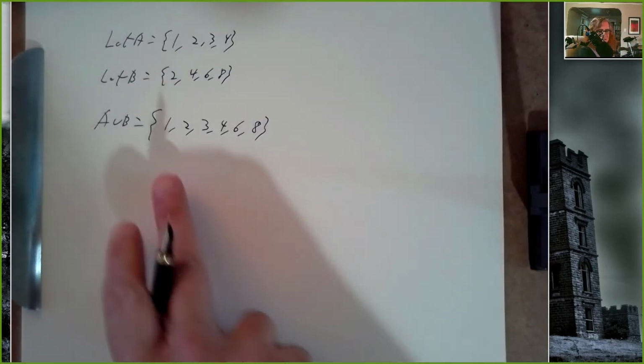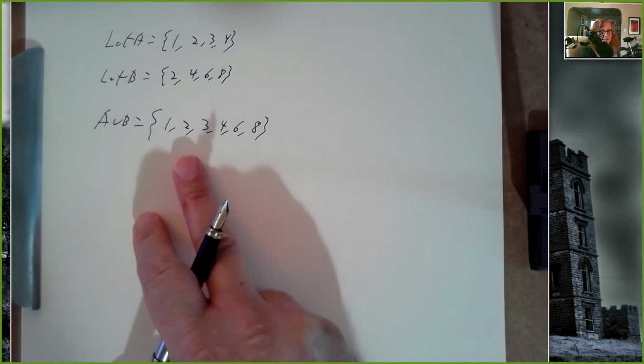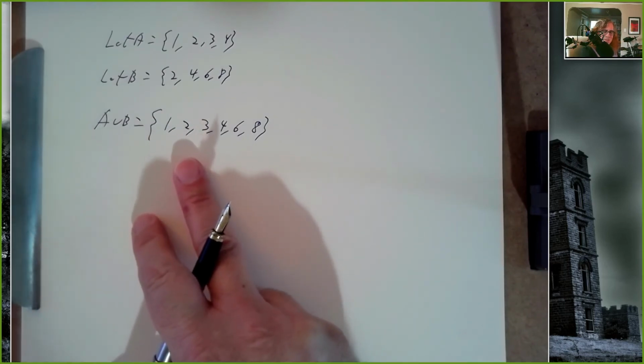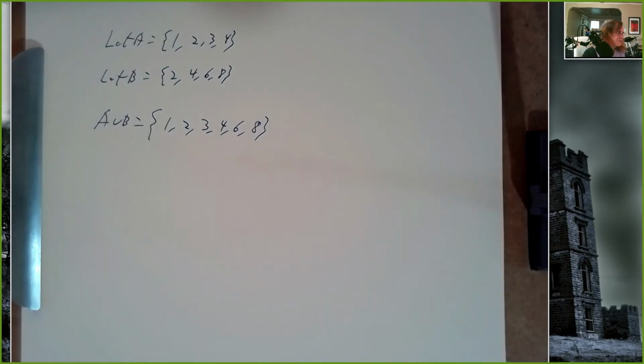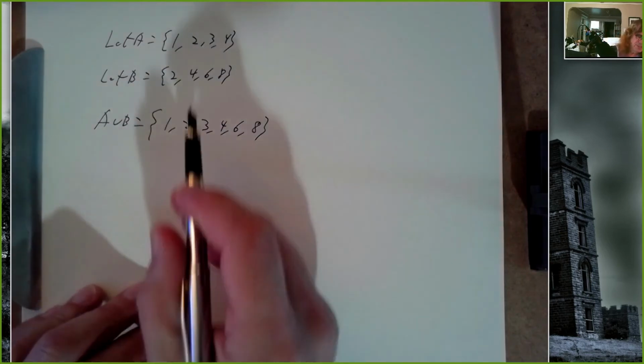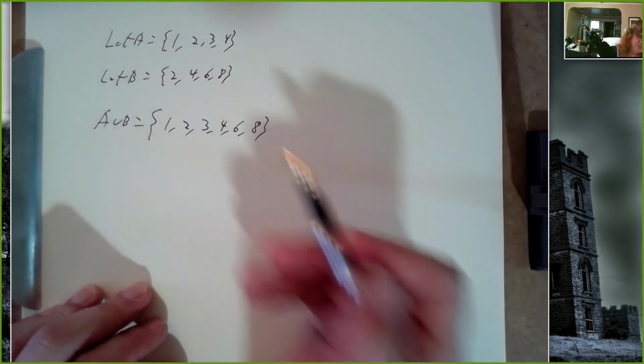I don't want to list the number 2 twice. That gets a frowny face on the homework, right? 2 is an element of the set, so I list 2 inside the curly brackets. Listing 2 twice is kind of a meaningless redundancy. So the union would consist of 1, 2, 3, 4, 6, and 8.